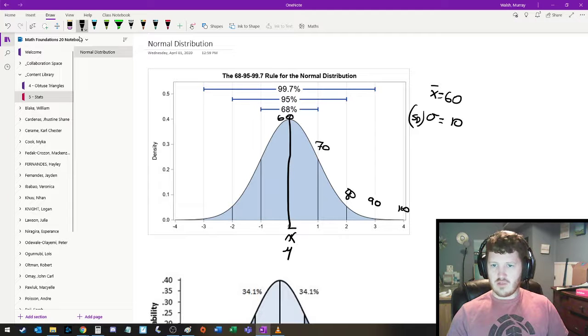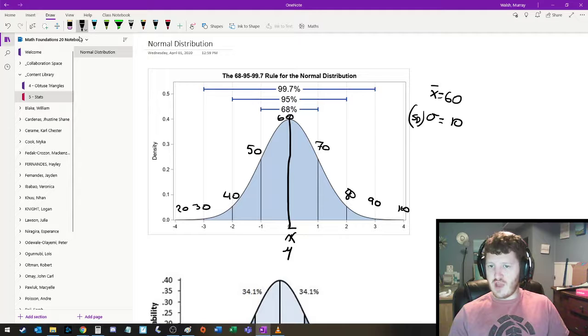And then if we step down, 50, 40, 30, and 20. So we had a set of data, we calculated the average, we calculated the standard deviation, and this is what our chart will look like.